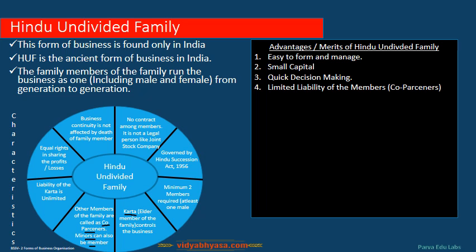Another advantage here is the limited liability for other members. Karta's liability is unlimited, but other members' liability is limited. So I hope you know what limited liability and unlimited liability are. Limited liability means, in case of closing out of business, the liabilities are around 1 lakh rupees, but when they sell all the assets of the business, we get only 50,000.